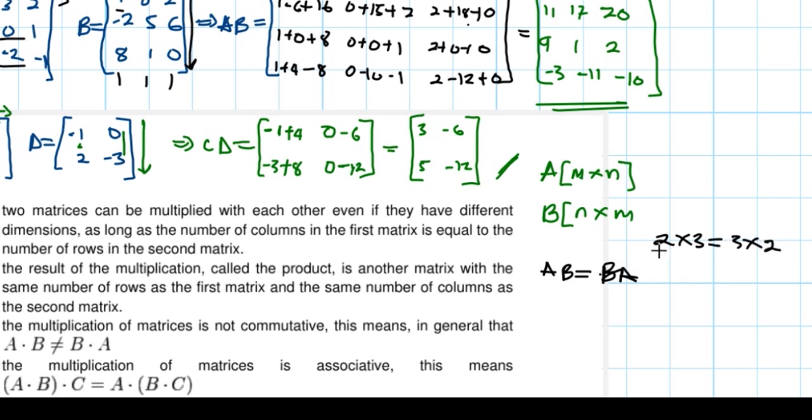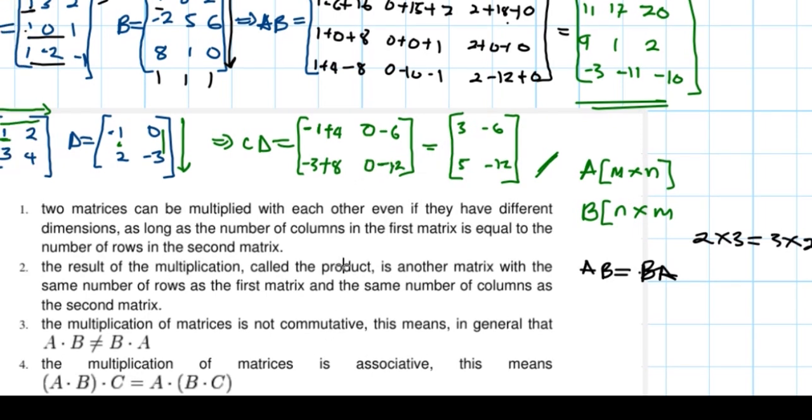Where A is 2 and B is 3, which is equal to 6. But in matrices, CD is not the same thing as DC, right? I'm not going to be doing this. You solve this on your own and compare. It's going to be amazing to see how it turns out.